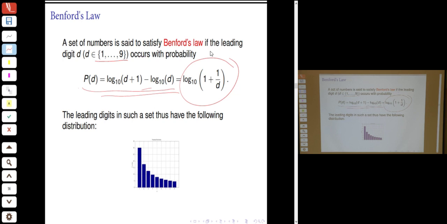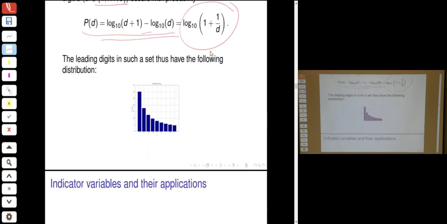The leading digit is something between 1 and 9, and you are calculating the frequencies of the leading digit, and the frequency of the leading digit d is log base 10 of (1 plus 1 over d). Okay. So if this condition is satisfied, then the set of numbers is said to follow Benford's law.